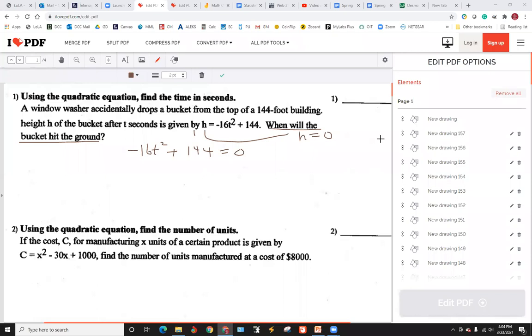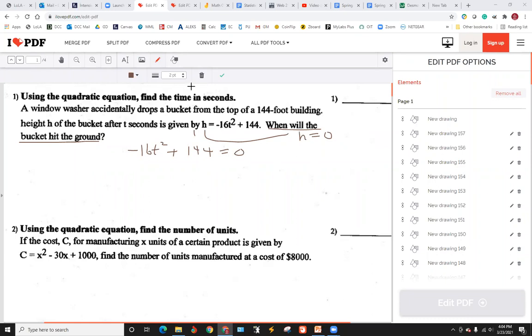All right, what can you do with that one to solve it? Here's your hint. Always look for the GCF. Greatest common factor. Yeah, good.